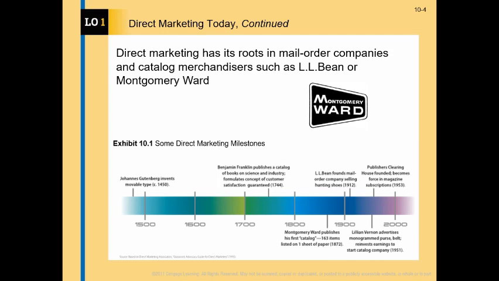In a commercial sense, the first catalog that was published, at least for book and science products, was started by Benjamin Franklin, back in the 18th century.